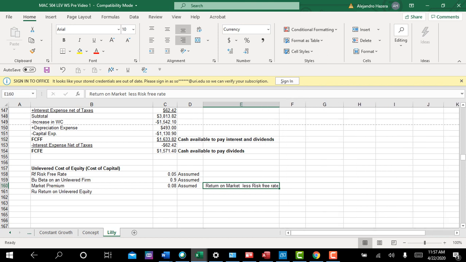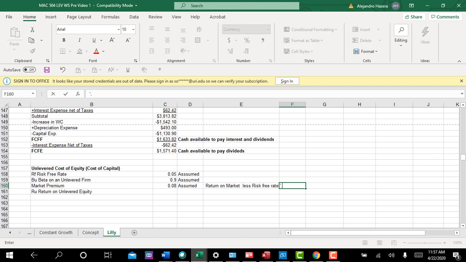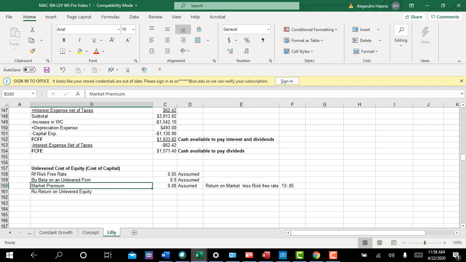And what we're saying with that is that in this example, maybe the return on the market was probably 0.13, which was probably true at the time, minus 0.05, which gives you 0.08, and this is assumed too in a sense. But what I'm saying is that 0.08 right here plus 0.05 gives you this 0.13 here. Okay, so the market as a whole was returning 0.13, and then risk-free was 0.05, so the difference between the two is your market risk premium.